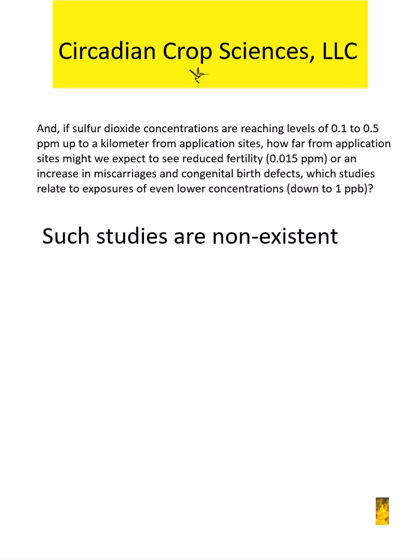Such studies looking for correlations between sulfur dioxide generated at agricultural sites and health effects in the community are non-existent, other than this one study that correlates sulfur applications with lung distress in children.